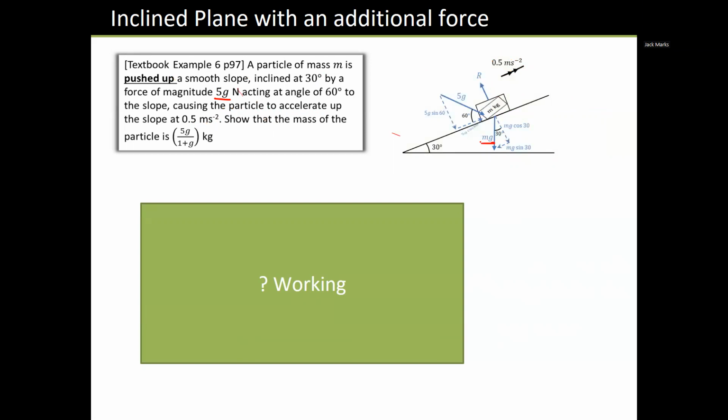Okay. Once you've done that, remember, you could just get rid of it now. You don't need that. You've resolved it. This is the external force. So this is somebody pushing on it. So this is a bit more complicated. So how did we draw this one then? Well, we knew that it was a force that was 5g, not 5g. And it said that it was acting at an angle of 60 degrees to the slope.